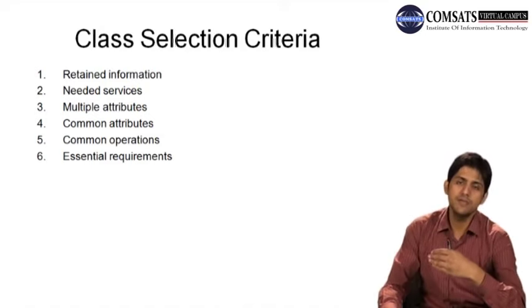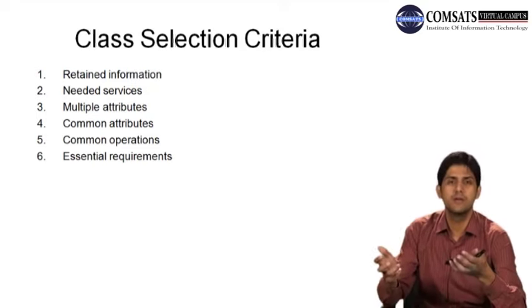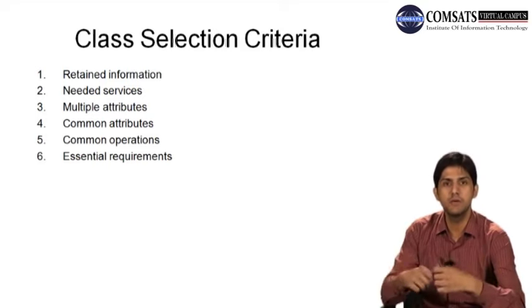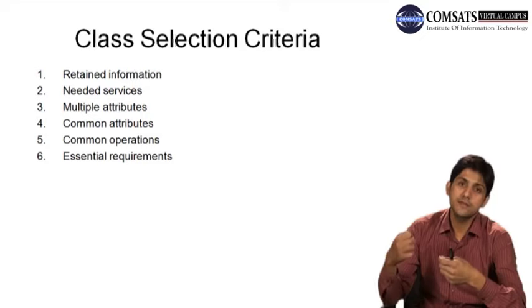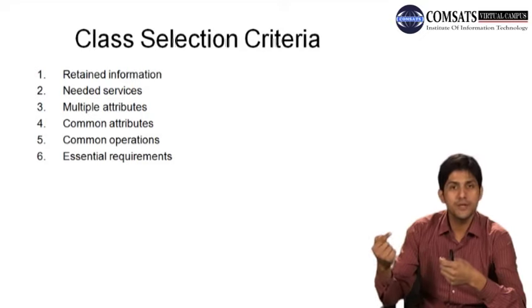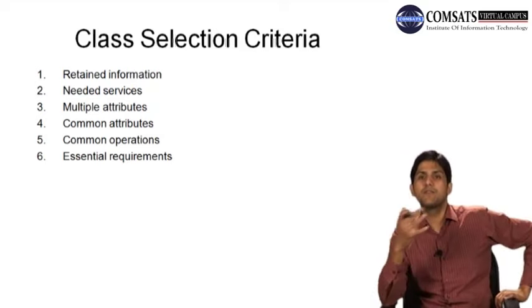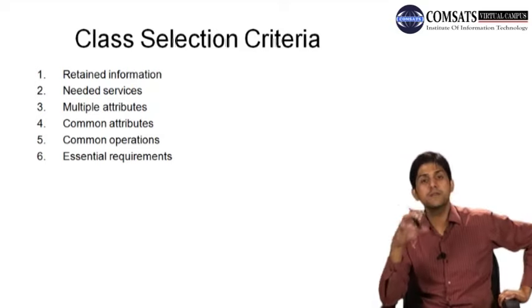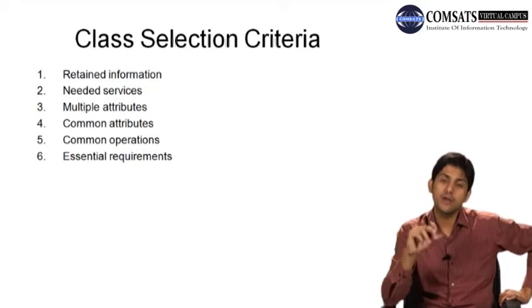Then the third one is very interesting: whenever you have a class or a potential class, it should have multiple attributes associated to it. The example is again the student, it has multiple attributes associated to it. Then number 4 is common attributes, and number 5 is common operations. Again, this is what we discussed when we were defining a class: when a class represents a set of objects which share common attributes and common operations.